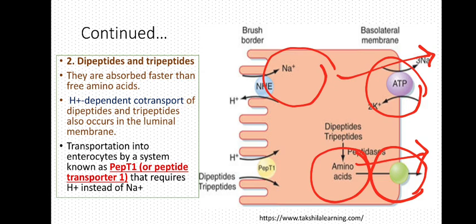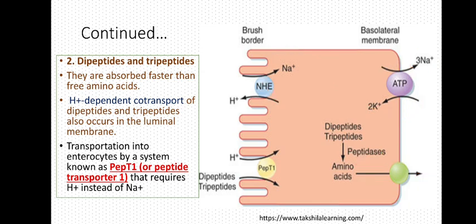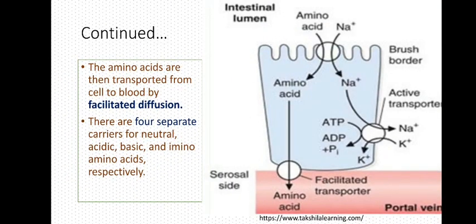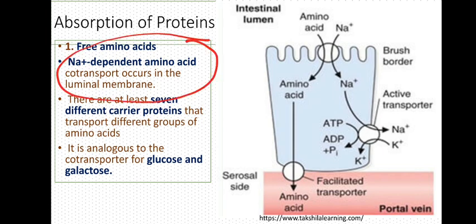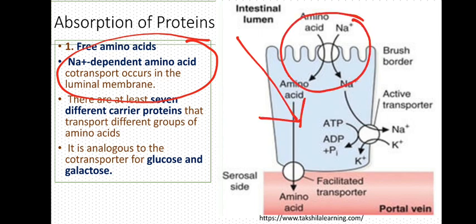I am sure it is confusing, so let me repeat what we have left in the previous one. So, free amino acids will be taken into the cell by a sodium dependent co-transporter, where sodium and amino acids are pumped together into the cell, and then that amino acid is sent to the blood.